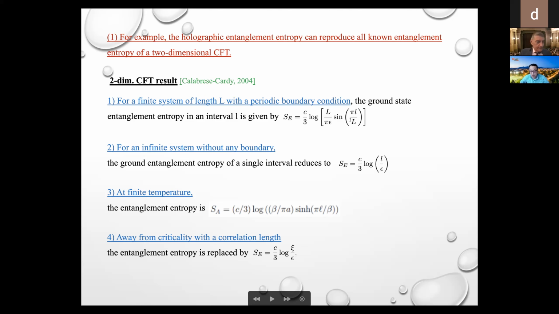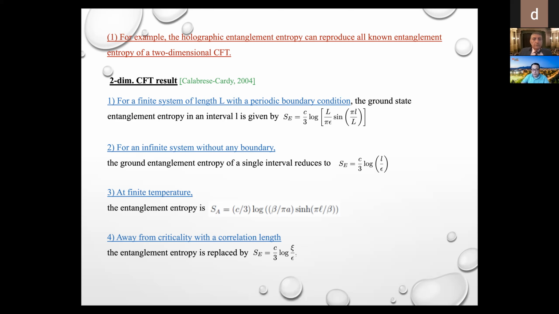Because in the finite temperature case we are considering the time direction, we replace L by i beta. Using Wick rotation, the entanglement entropy is reduced to this finite temperature entanglement entropy.